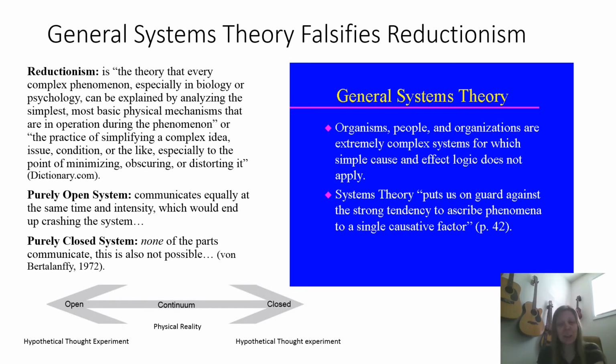But only in a purely closed system can the sum of the parts actually equal the whole, because there's no novel or new information being created, because there's no communication between the parts. So as soon as one part of a system communicates with another, reductionism is impossible, or will create distorted results. General systems theory can therefore be used to falsify reductionism, because reductionism can only happen in a hypothetical situation.